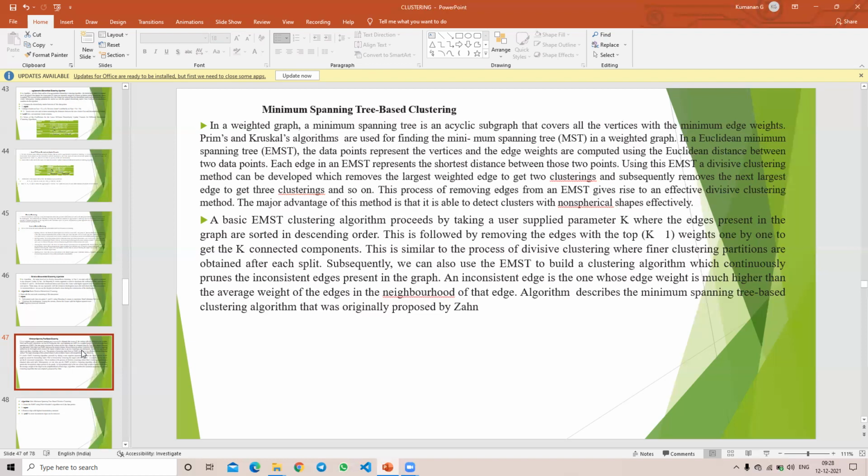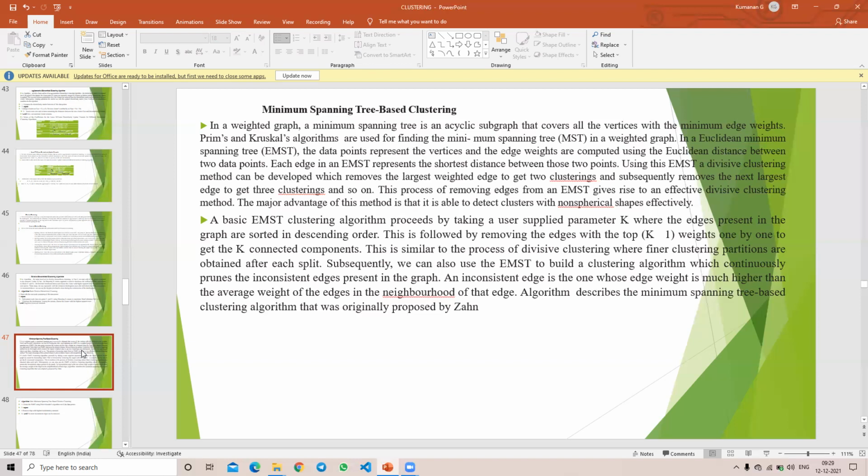The basic EMST clustering method proceeds by taking a user-supplied parameter k, where the edges present in the graph are sorted in descending order. This is followed by removing the edges with the top k minus 1 weights one by one to get k connected components. This is similar to divisive clustering, where finer partitions are obtained after each split.